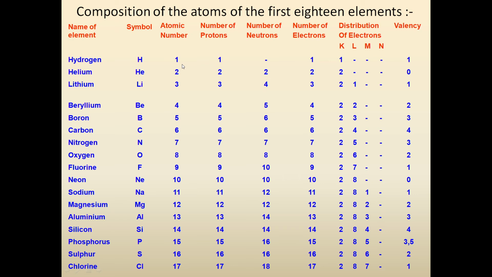Like if helium has 2 protons, then its atomic number is 2. If carbon has 6 protons, then its atomic number is 6. So from the number of protons, we can tell the atomic number.